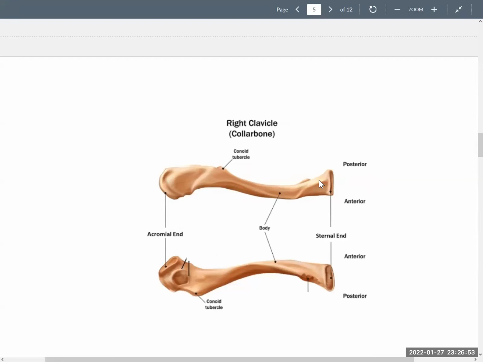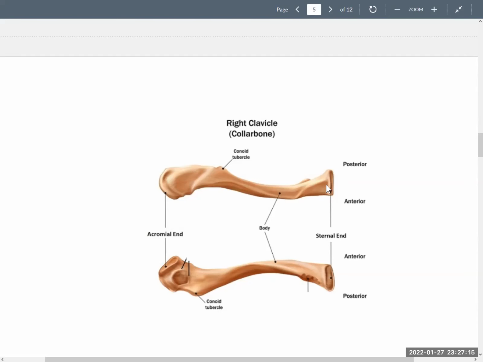If you hold each end in your mental hand, hold with your left hand the flat end, that's the acromion or acromial end. Hold the chubby end. That's the sternal end. That's the end that fits in the clavicular notches of the sternum.